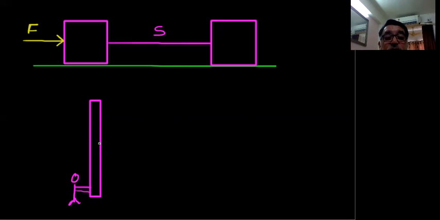If there is no movement of the wall, that means displacement equals zero. If displacement is zero, we say work is also equal to zero. So in order for us to do work, there has to be some displacement. If there is no displacement, then the work done is zero.